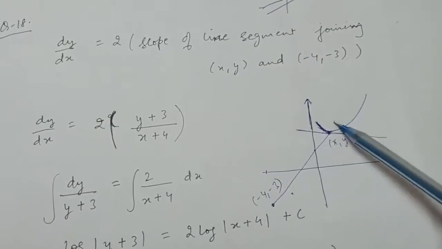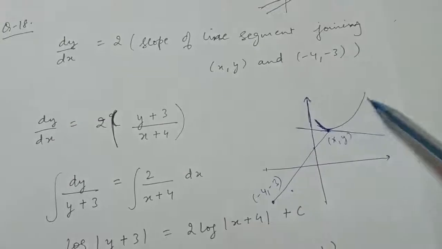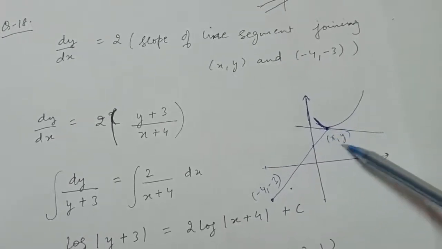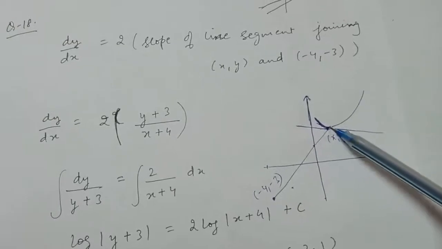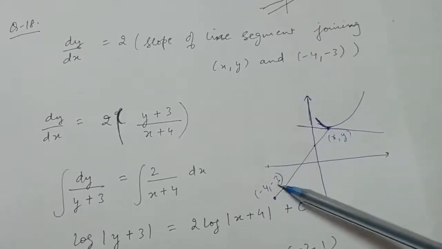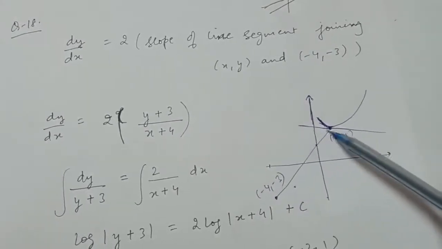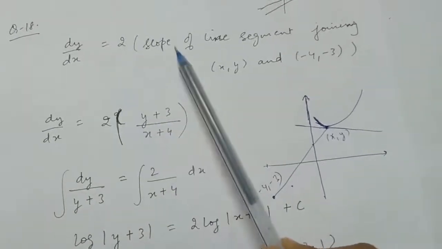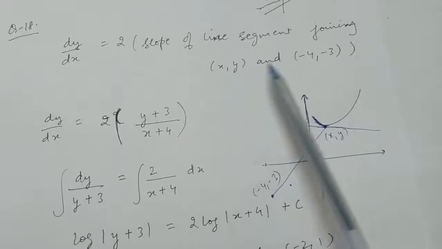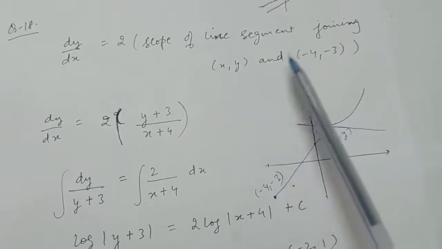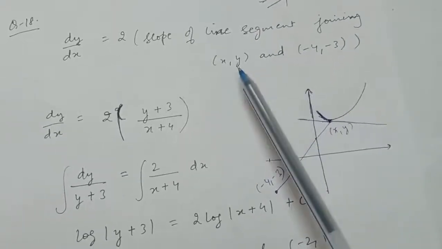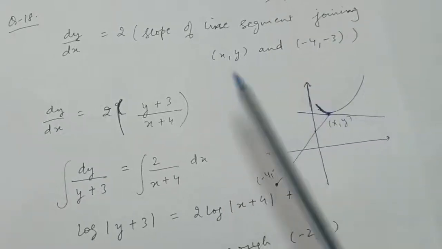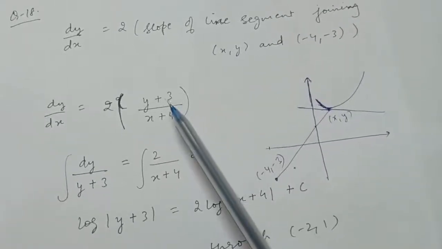Now the point of contact is where this curve and this tangent meet, so it is this (x, y), to the point (-4, -3). So dy by dx is twice the slope of the line segment joining these 2 points. Now the slope of a line joining these 2 points is (y2 minus y1) upon (x2 minus x1). So it will be this.